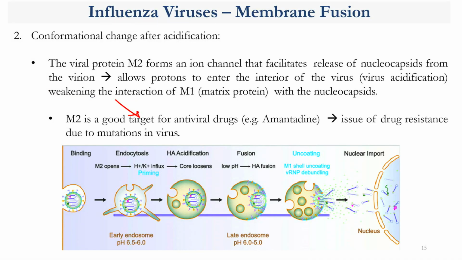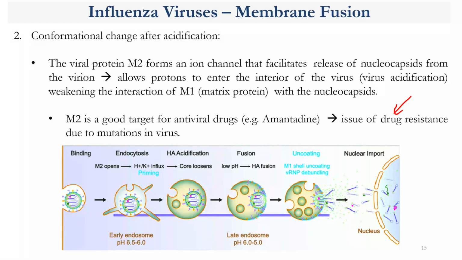So one of the drugs, amantadine, is used in extreme cases to actually inhibit this M2, okay? But the problem is, there's an issue of drug resistance because these viruses mutate fairly fast, and as a result, they can become resistant to these antiviral drugs.